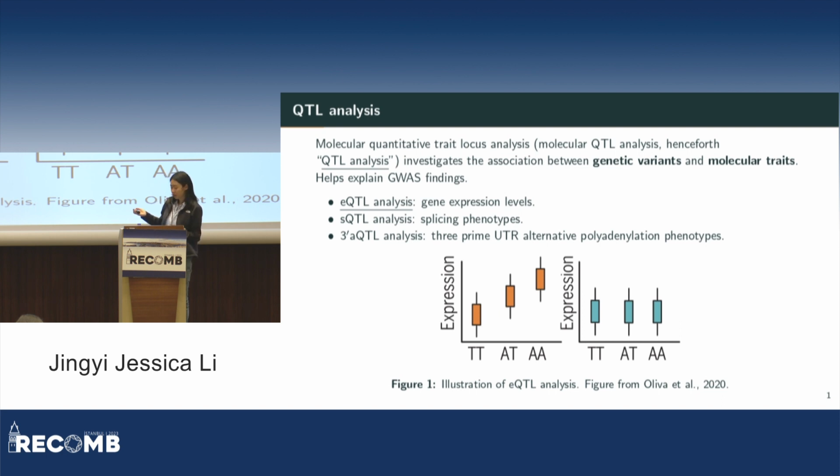This cartoon shows that we could study the association. For example, on the left, we can see that as the SNP's genotype changes, gene expression changes, while the right one doesn't show the association. So we call the left one an eQTL and the right one not an eQTL.